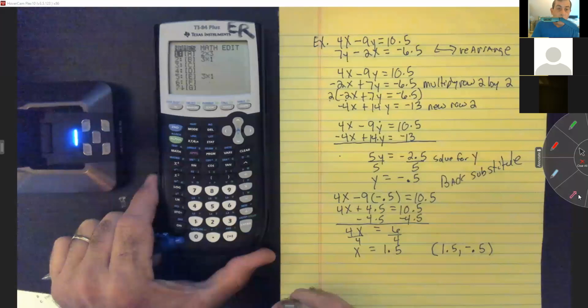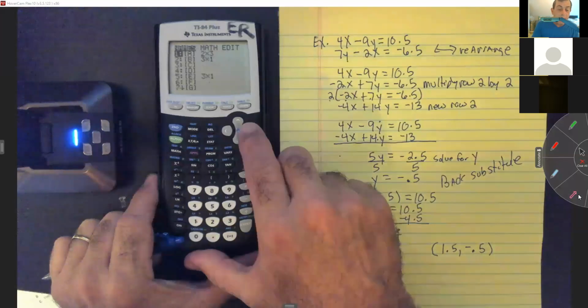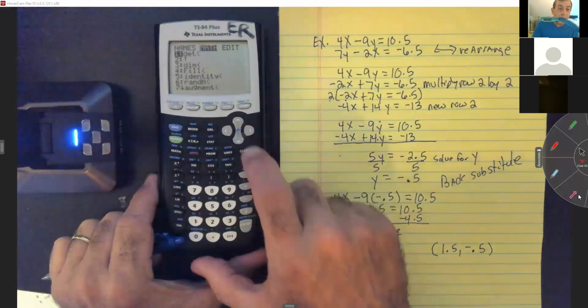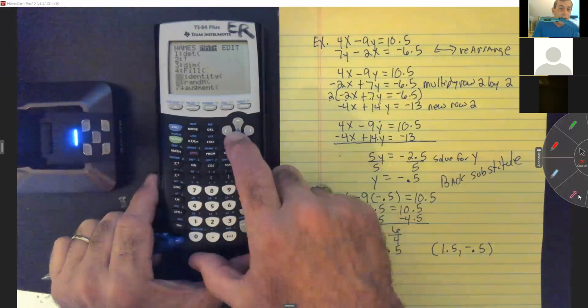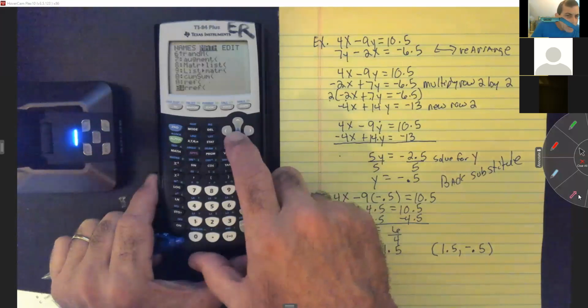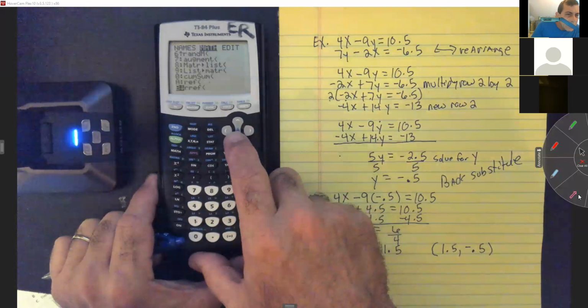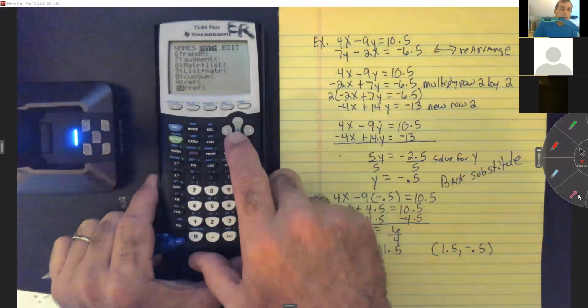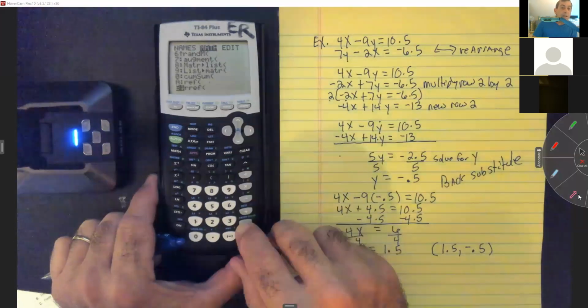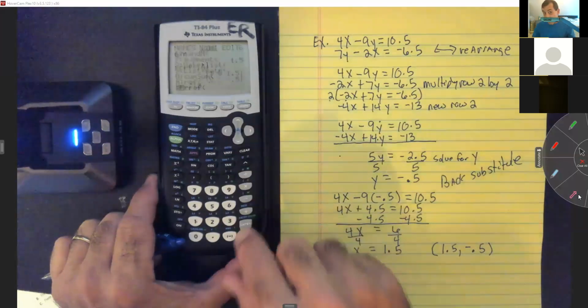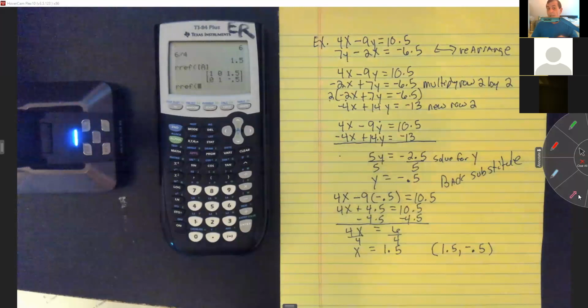Arrow over 1 to math. And then scroll down and find that RREF. It's like number 10. It's got a B by mine, so it must be like the 12th thing in the list. Go to RREF and hit enter. And then that'll bring that RREF to your screen.